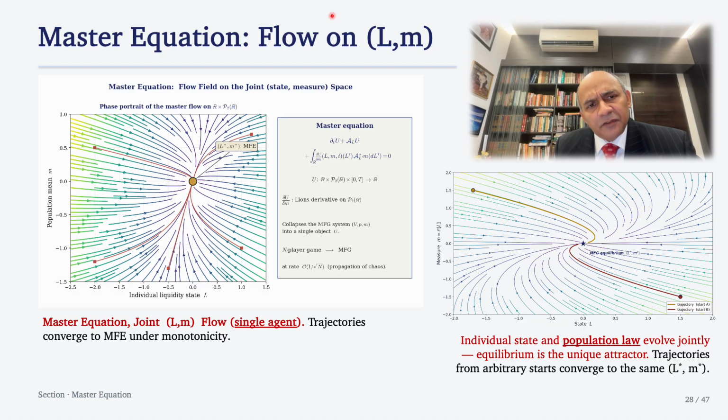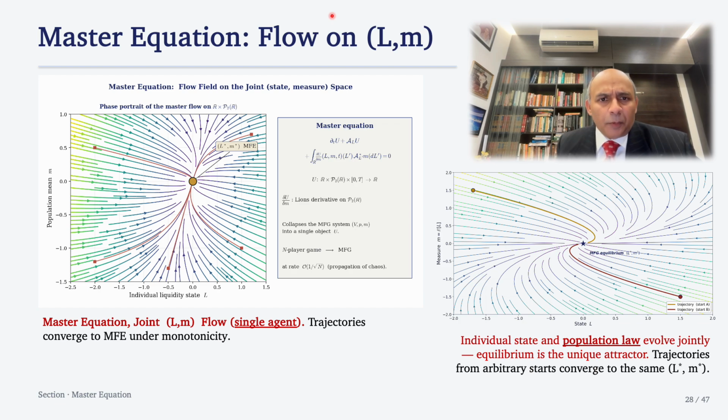Now, it's a phase portrait of the master flow projected onto the joint state-mean plane. Trajectories from arbitrary starting conditions converge to the equilibrium pair L star, M star. If we assume monotonicity, the equilibrium is locally exponentially stable. The linearization has spectrum in the open left half plane.